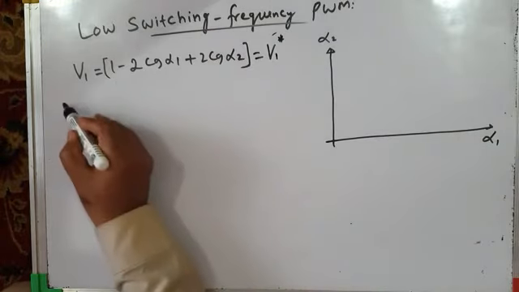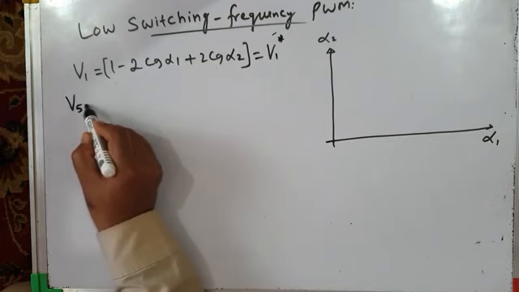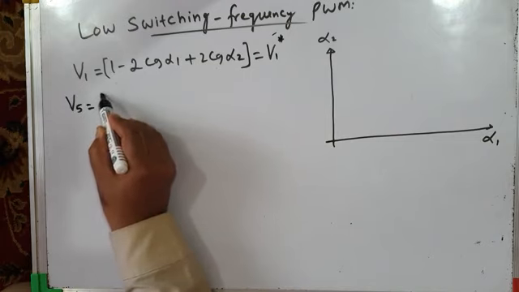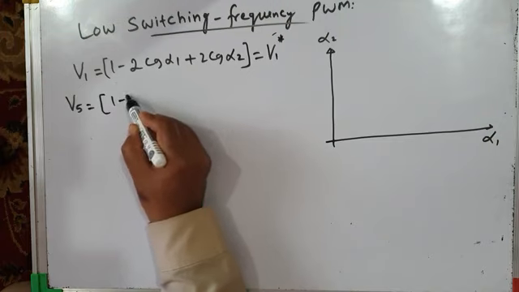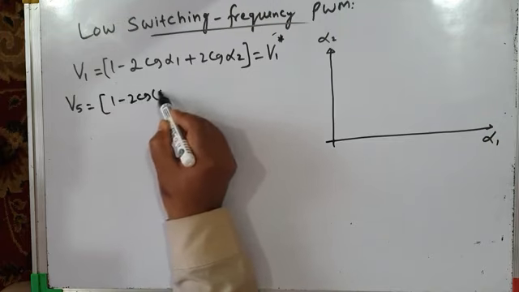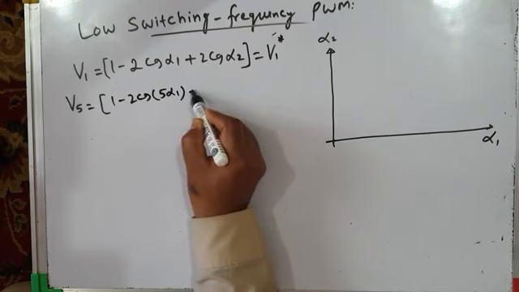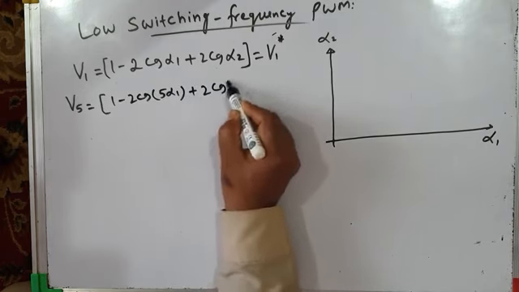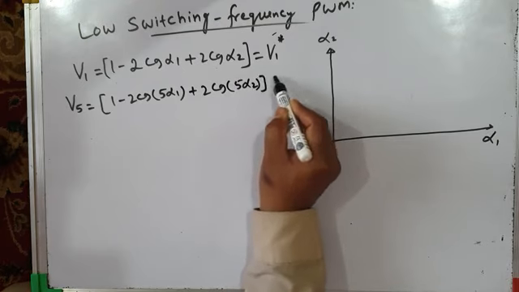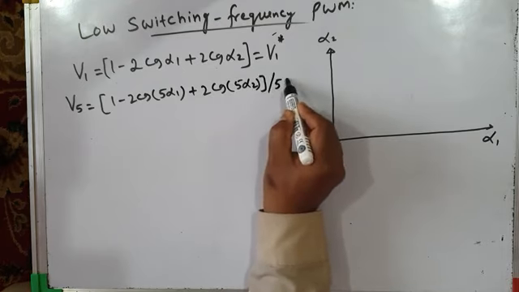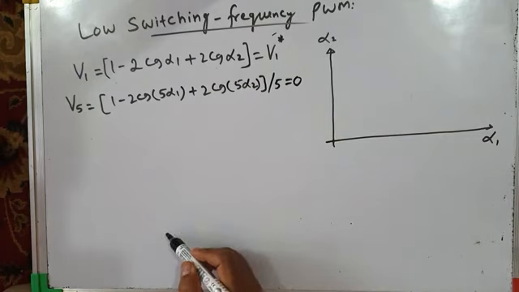And let us assume we want to eliminate the fifth harmonic component of voltage. Now, the fifth harmonic component of voltage is given by V5 equal to 1 minus 2 cosine of 5 alpha 1 plus 2 into cosine of 5 alpha 2, divided by 5, of course, and we want to make it equal to 0.